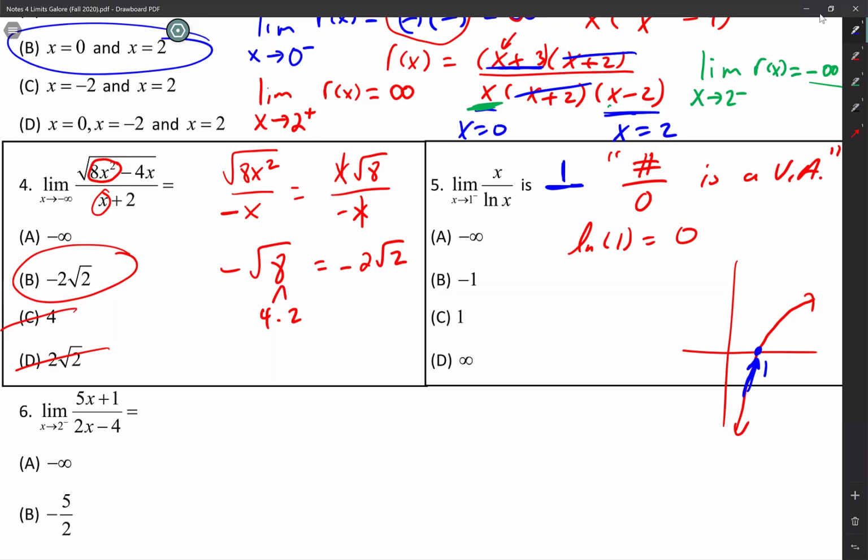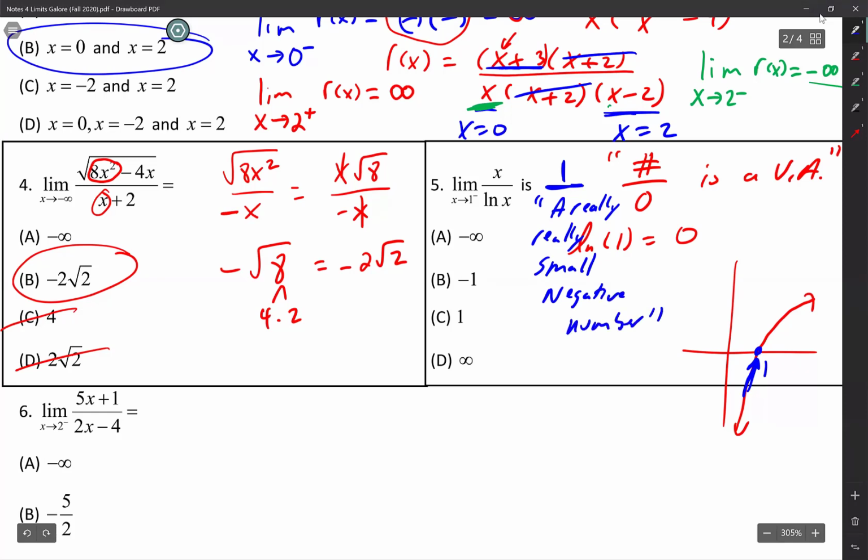But in the bottom, I have a really, really small negative number. When I say really small, I mean magnitude, because small is like more to the left, but we're talking about magnitude. So 1 divided by a really, really small negative number is going to give us negative infinity.